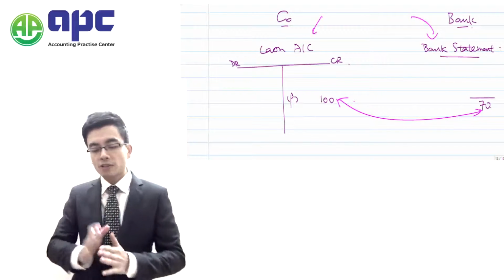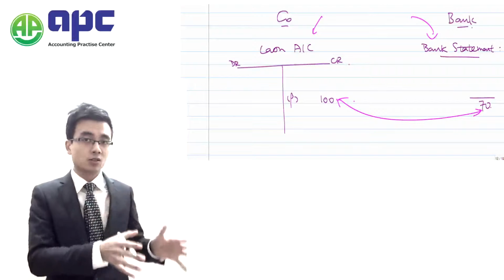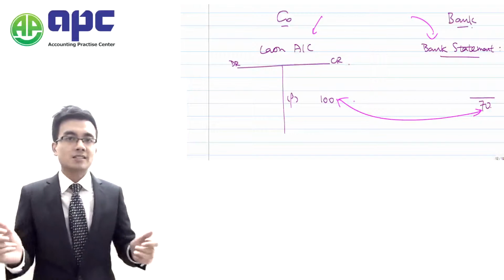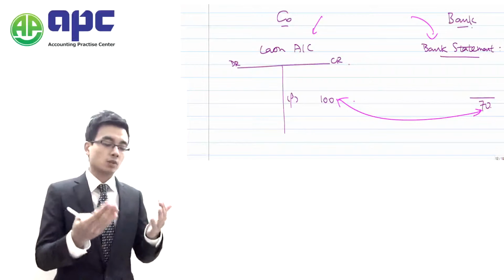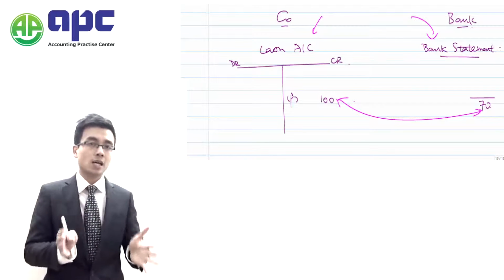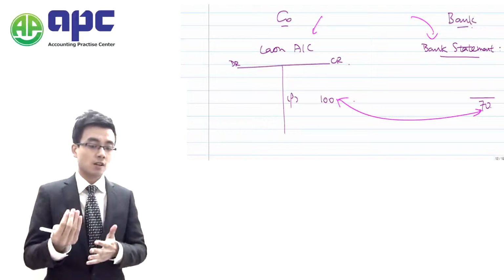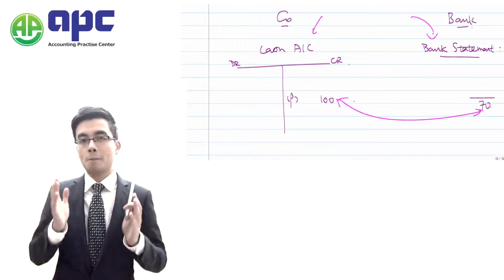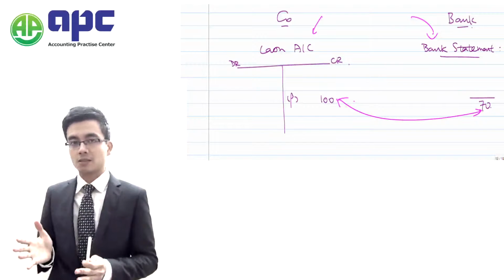Reconciling the cash account on the left hand side is called the error correction. It's simply because we've made some errors within our cash account, within our company, so we're going to correct those errors. Reconciling the bank statement is called the bank reconciliation statement.